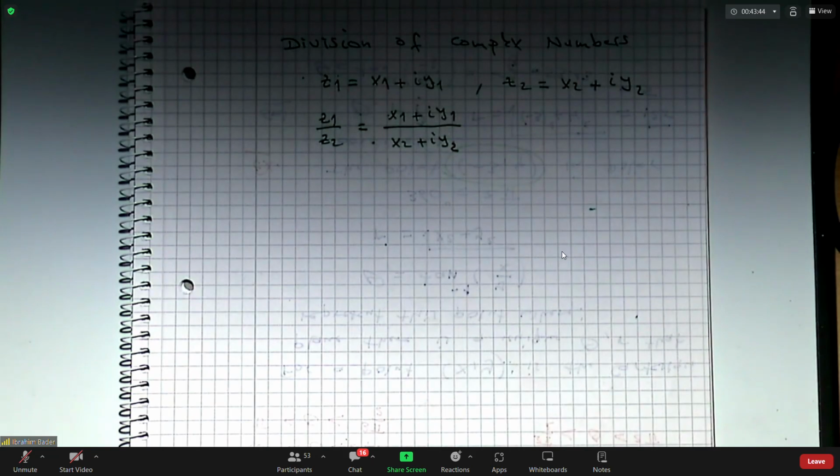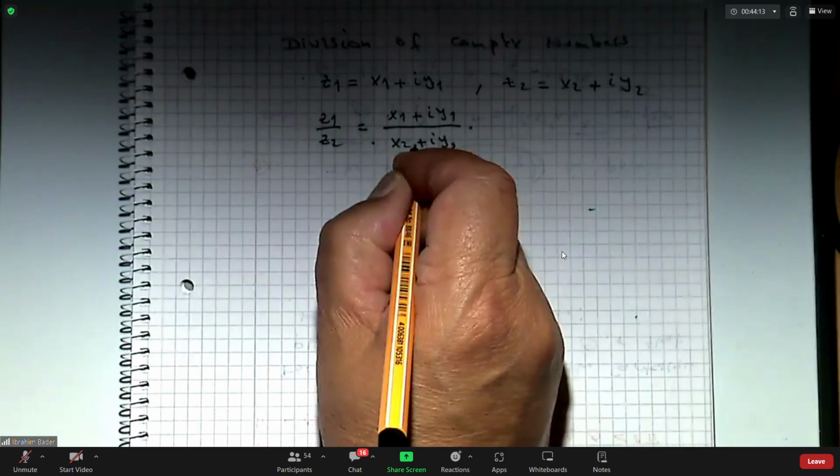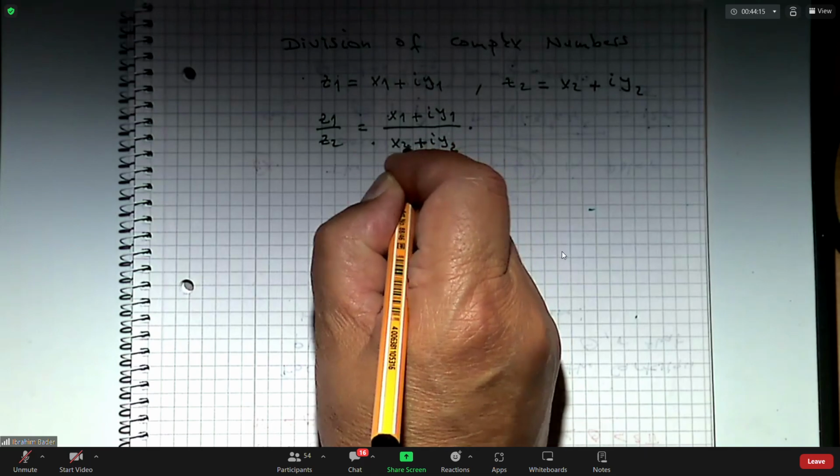If I want to write this in the standard form, I have a problem. Why? Because I have i in the denominator, and in mathematics this doesn't make any sense. So what to do here? Remember property number 4 on the previous page? The way out is to use a technique: consider this number, let's call it Z2.